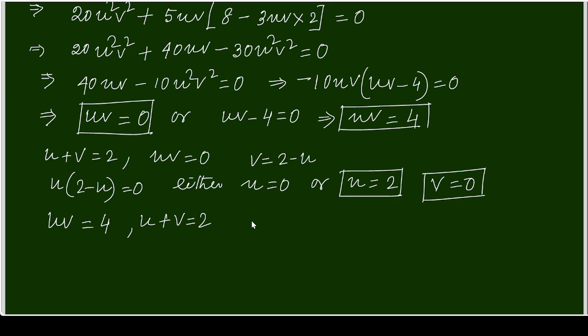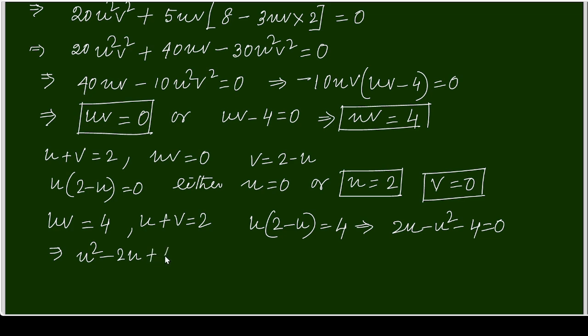Next, if uv equals 4 and u plus v equals 2, then u into (2 minus u) equals 4. This gives us 2u minus u squared minus 4 equals 0, or u squared minus 2u plus 4 is 0.